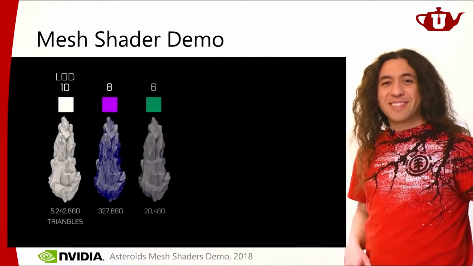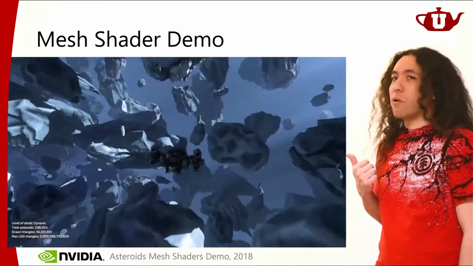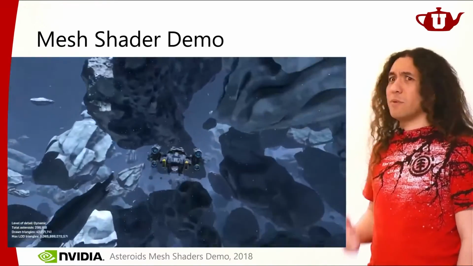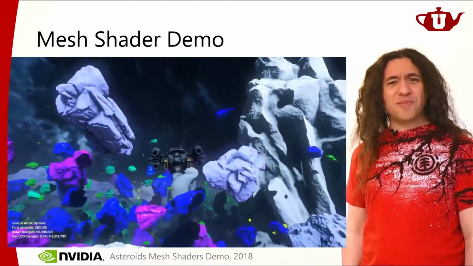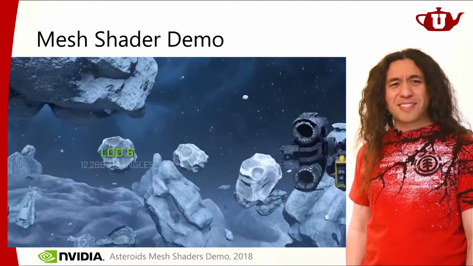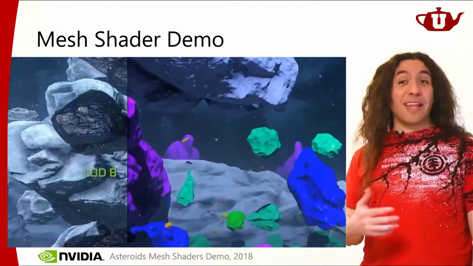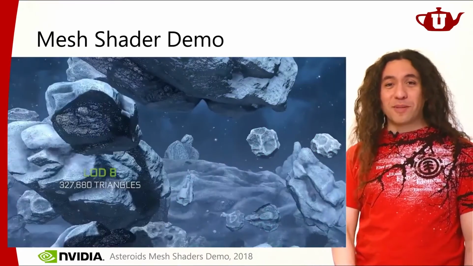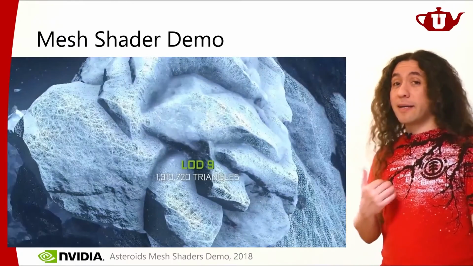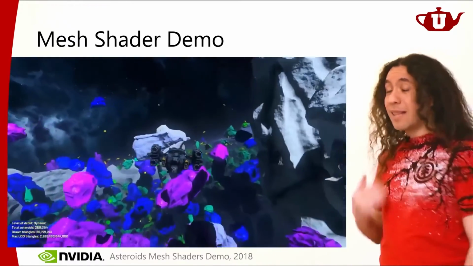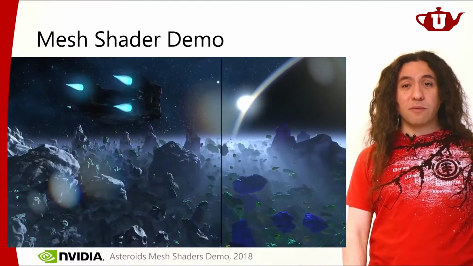We don't even have all of these separate asteroid models. We can't even store a model with 3.5 trillion triangles, was it? Vertices? Whatever. It's too many. There's no way even to store it, let alone render it. It's not going to happen. But with mesh shaders, you can do things like level of detail at a level that we couldn't do before, and that's how we get this performance, and we can render them.